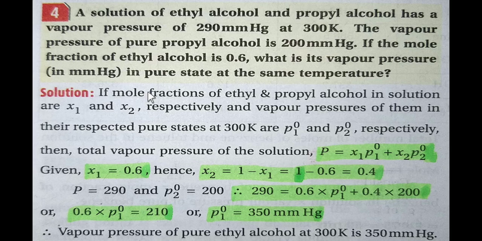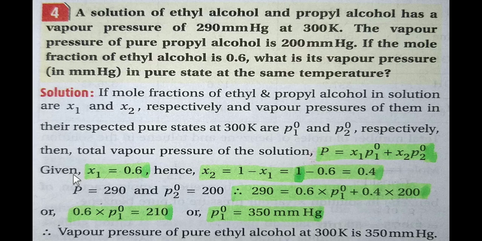If mole fractions of ethyl and propyl alcohol in solution are X1 and X2 respectively, and the vapor pressures of them in their respective pure states at 300 K are P1 naught and P2 naught respectively, then total vapor pressure of the solution according to Raoult's law is P equal to X1 into P1 naught plus X2 into P2 naught. This is the formula we get from Raoult's law.